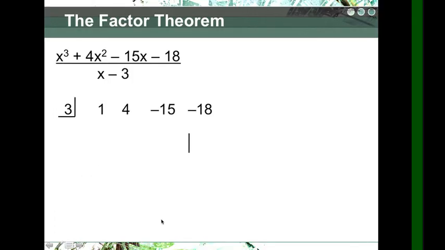Now, for the factor theorem, for example, x cubed plus 4x squared minus 15x minus 18 divided by x minus 3. Again, for x minus 3, we need to set x minus 3 equals 0, and using the addition property of equality, it becomes positive 3.